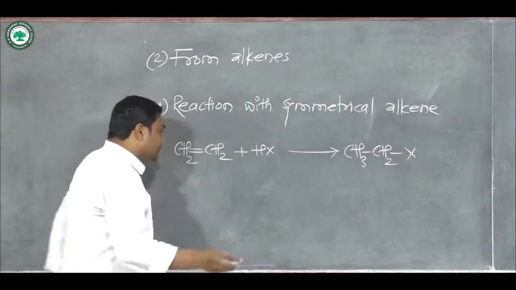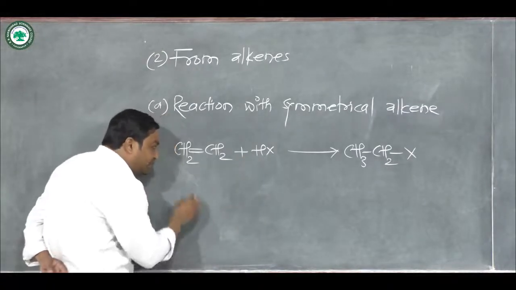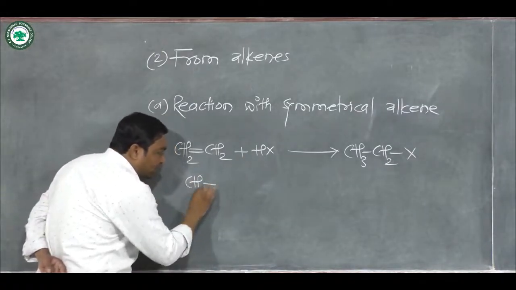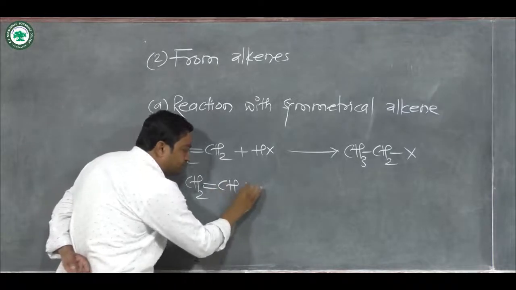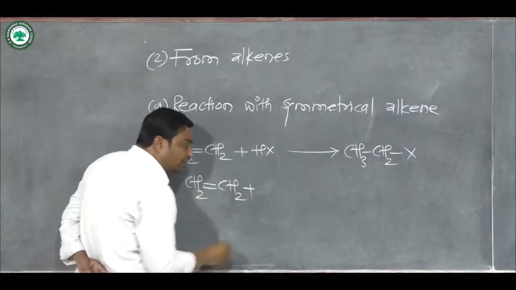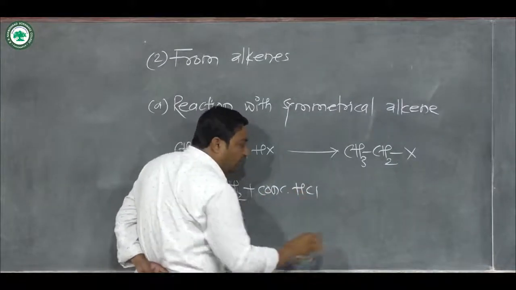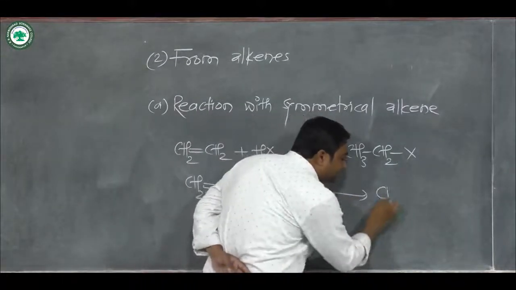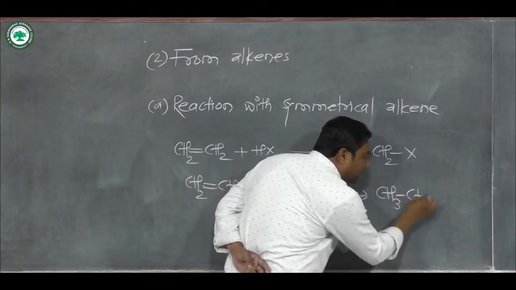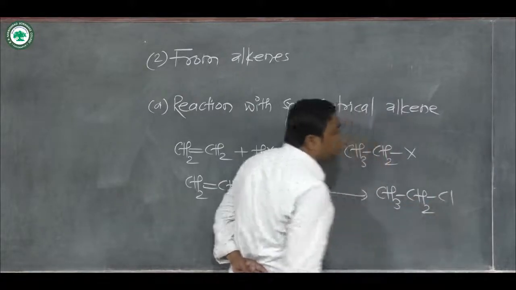If we use, instead of this HX, concentrated HCl to treat this alkene, we will obtain ethyl chloride as a product.